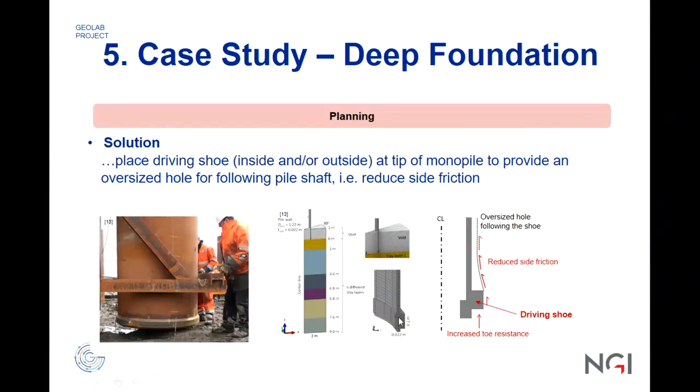So both inside and outside there was basically increased thickness. That is a driving shoe, and it increases toe resistance, but it reduces side friction due to the increase in these areas.